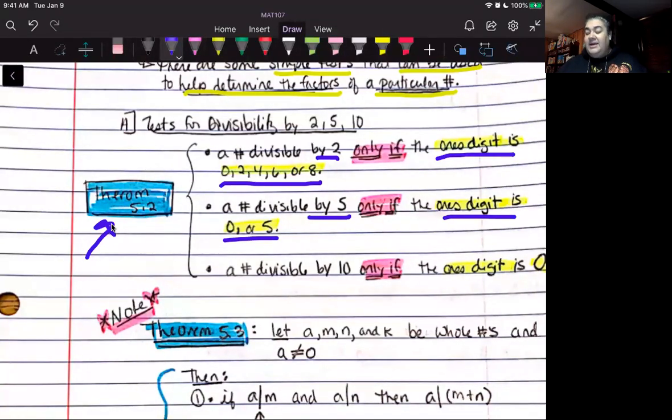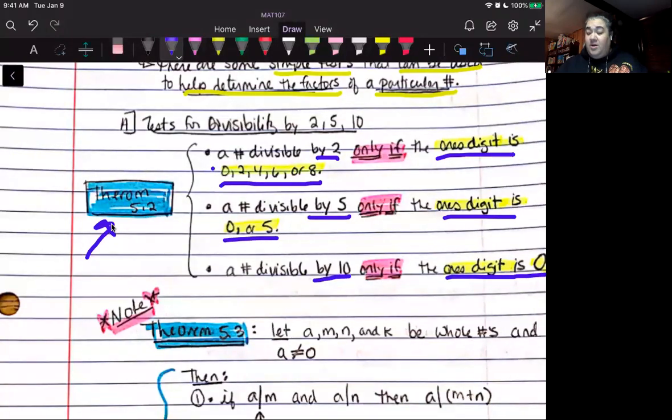And last but not least, a number will be divisible by 10 only if the ones digit is 0. You can see why they're grouped together, because if a number has a ones digit that is 0, then it will be divisible by 2, since 0 is one of the digits that make a number divisible by 2.